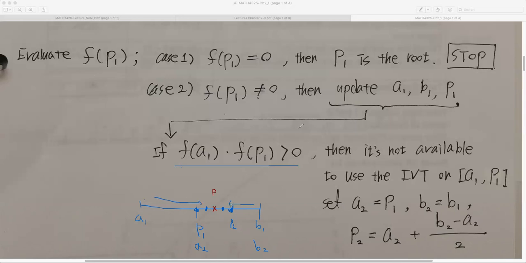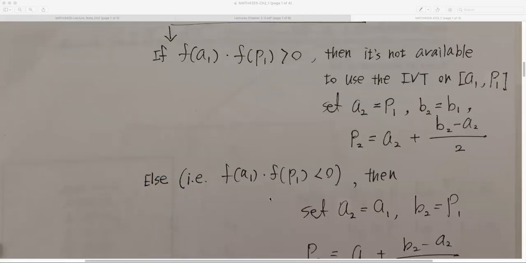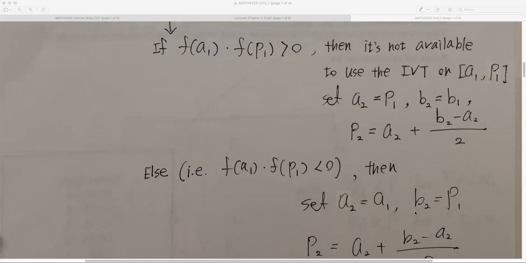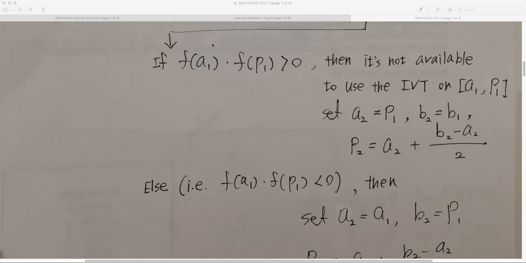Now let's see what if f(a1) times f(p1) is less than 0, so positive, negative or negative, positive. Then we set a2 equals a1 and b2 equals p1. You may wonder why, in this case, we set b2 as p1.